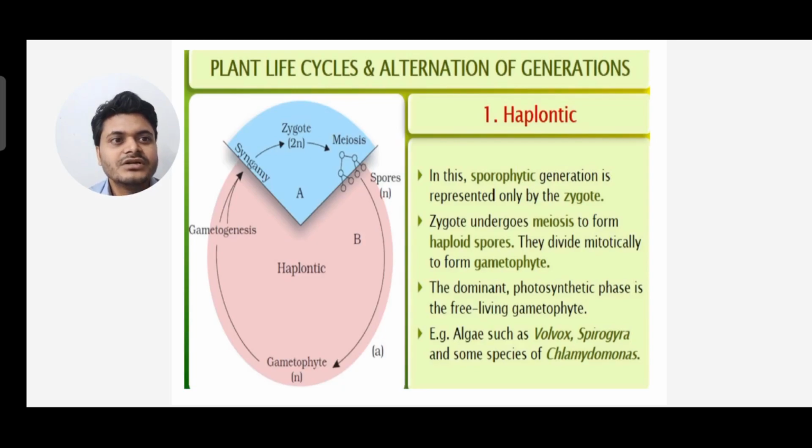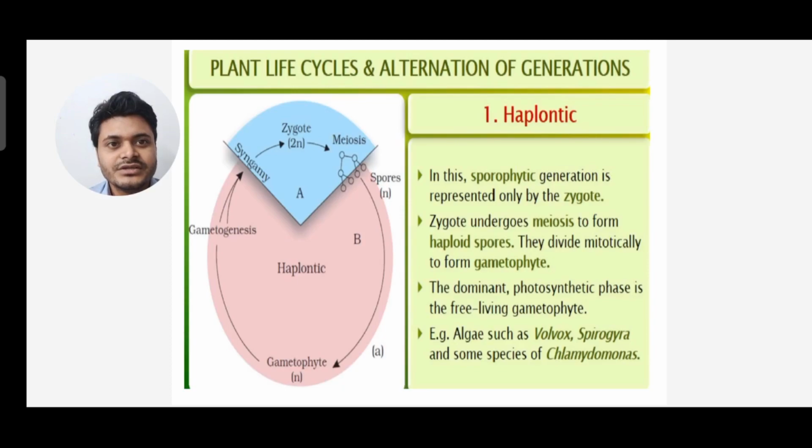You can see the figure on the left-hand side. The zygote undergoes meiosis to form haploid spores. They divide mitotically to form gametes, and the dominant photosynthetic phase is a free-living gametophyte. So mostly 95% of the life cycle is haploid, that is N, and the only sporophytic generation is the zygote.